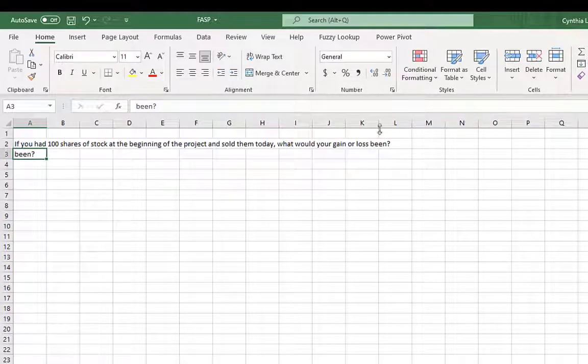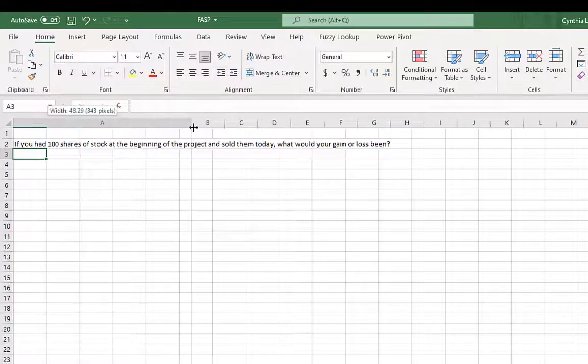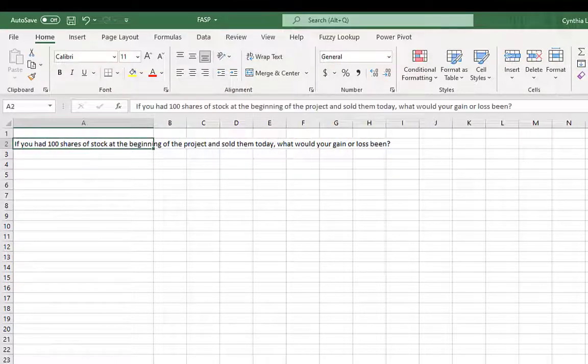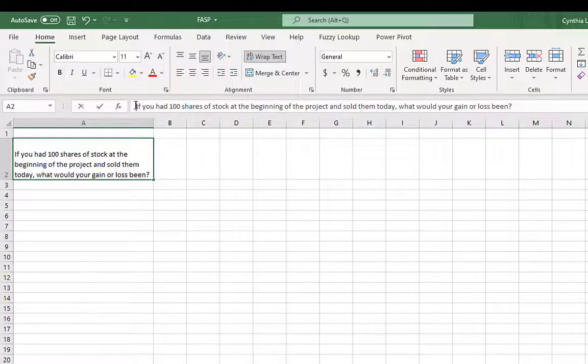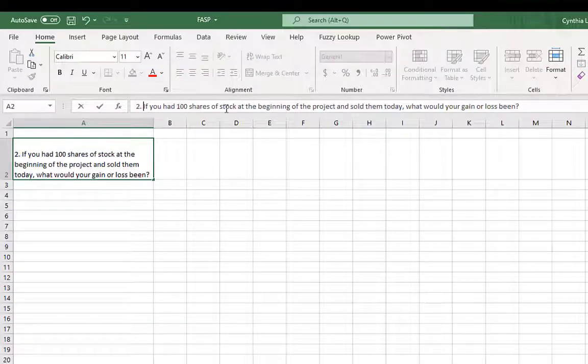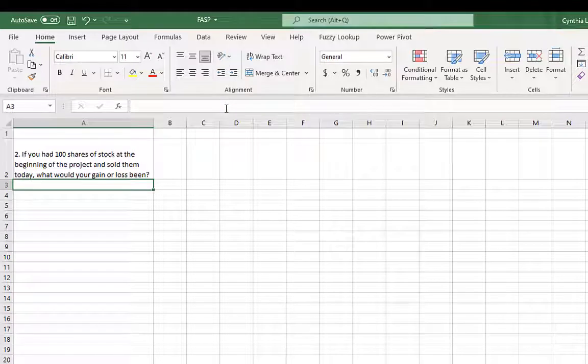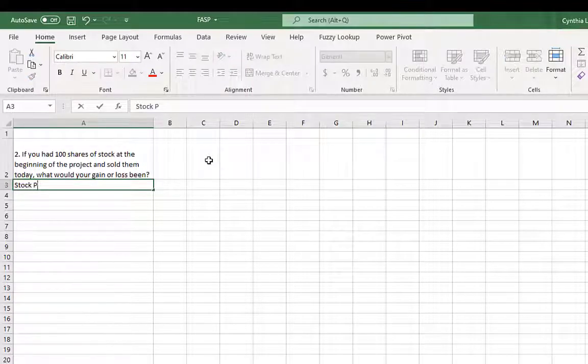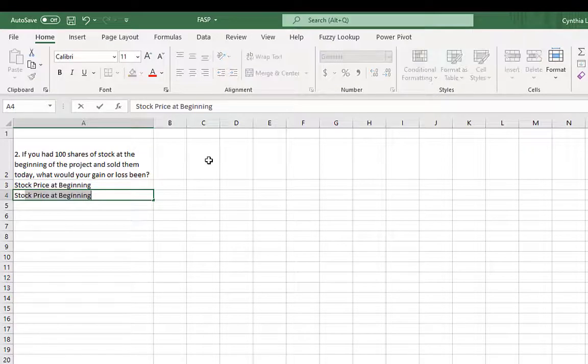Get it all in one row. And I'm going to bring this out a little bit. Let's word wrap it. This is number 2. And so what I'm going to do is I'm going to take my stock price at beginning. And my stock price, actually, let's do it this way.